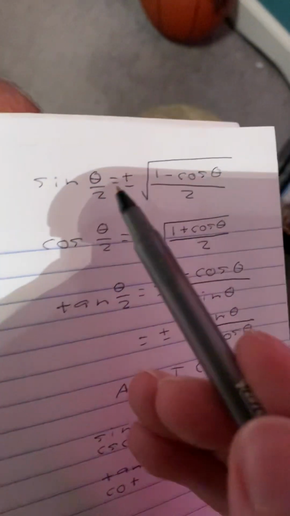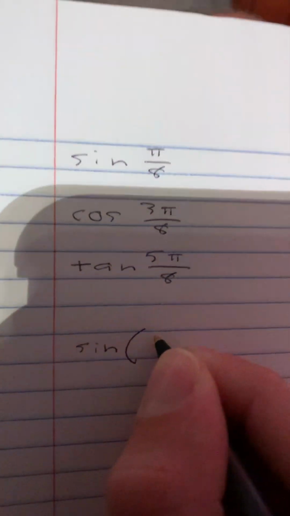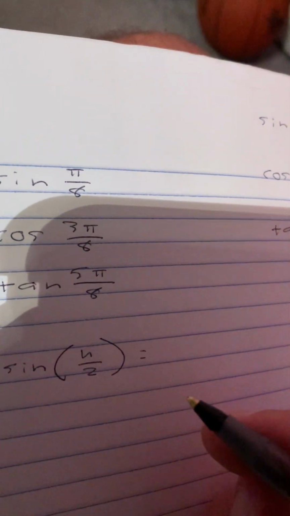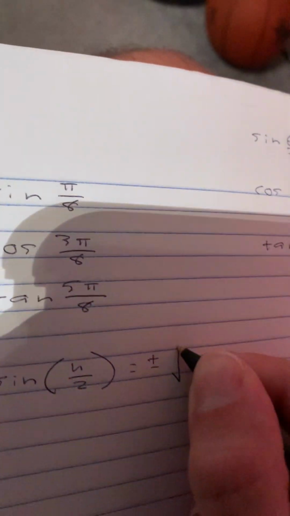I'm going to use the sine identity of theta over 2, which is this, to solve for sine of pi over 8. All this really is just sine of u over 2, right? Which is equal to plus or minus the square root.